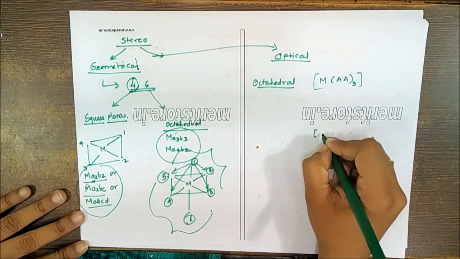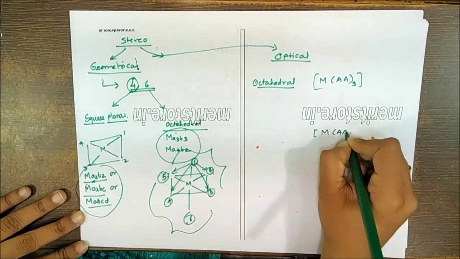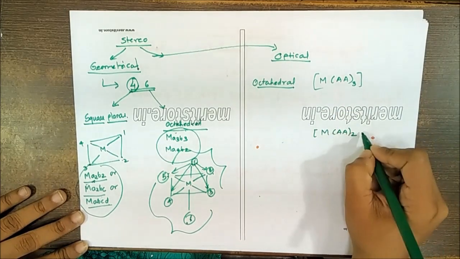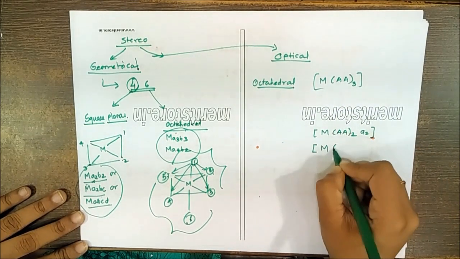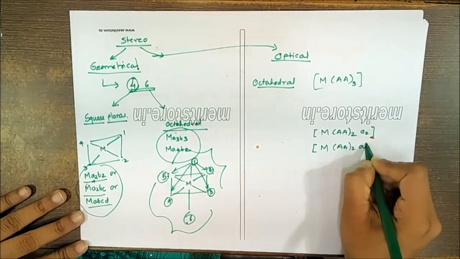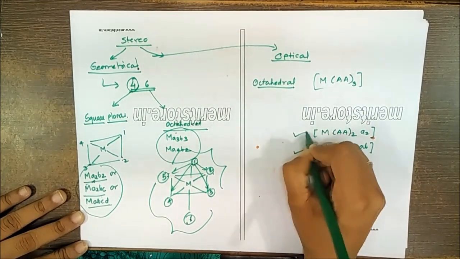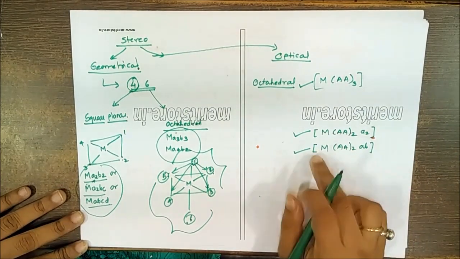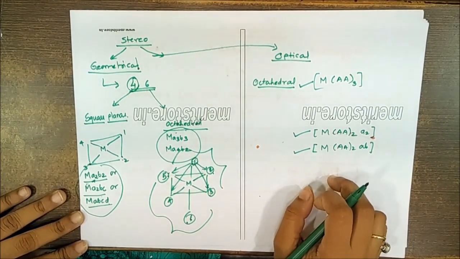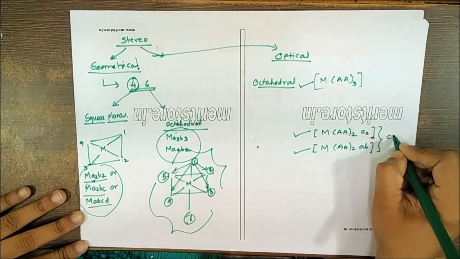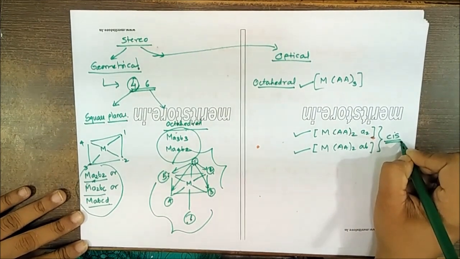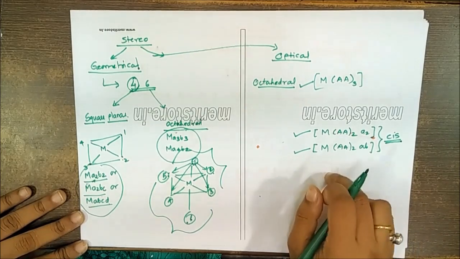Let's say this has AA twice. The remaining two valencies, if satisfied by the same monodentate ligand, or by different ligands also, then these three complexes will show optical isomerism. But when I talk about these two complexes, their cis form is active, but the trans form is optically inactive in nature.